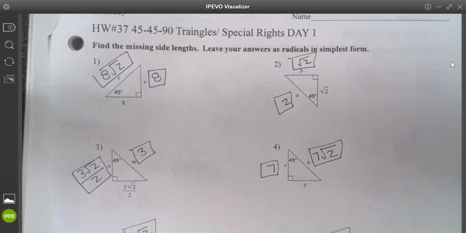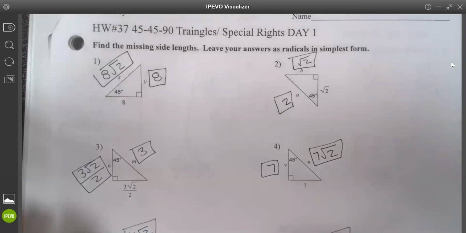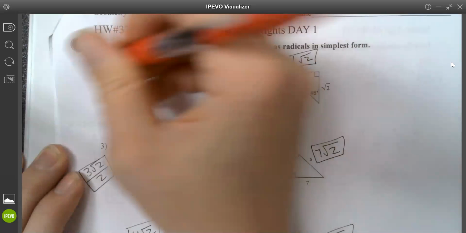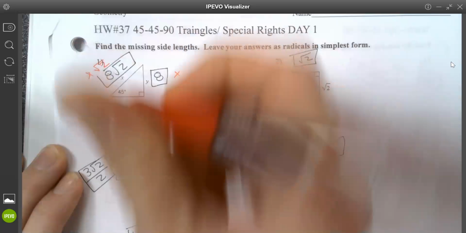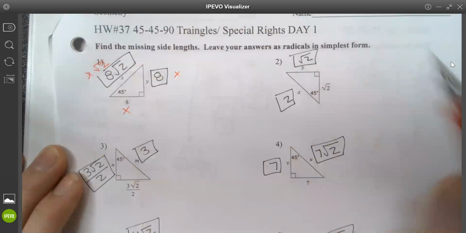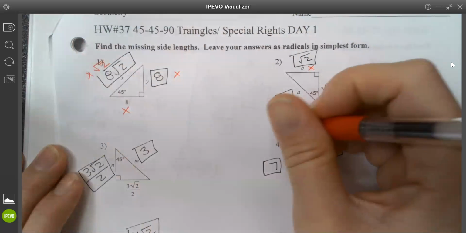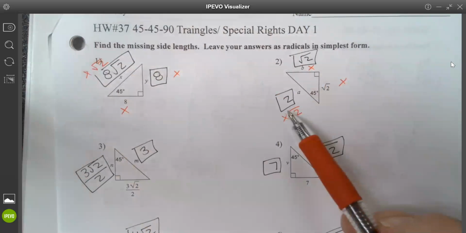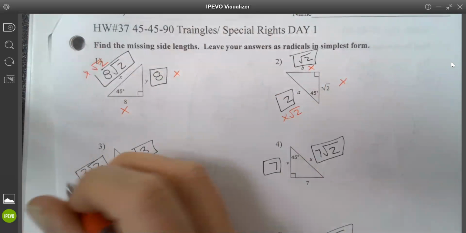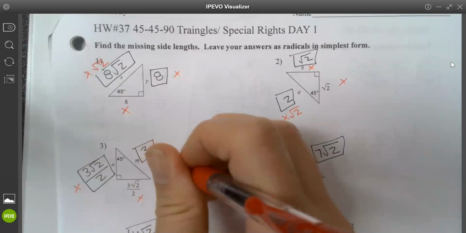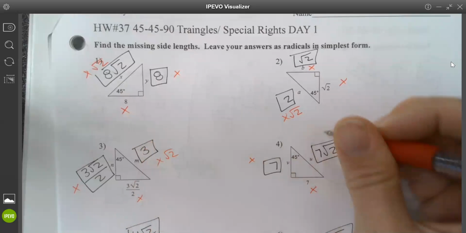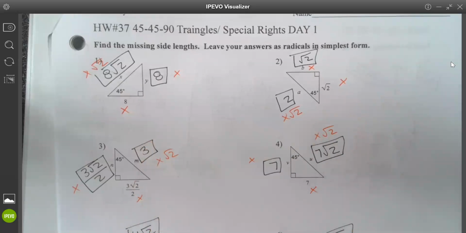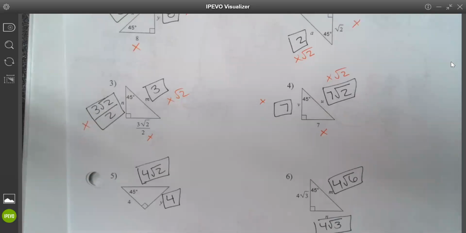I'm going to keep 7 to look at. And every single time, I didn't write them out, I'm doing it in my head, but I'm using that relationship: x, x, x rad 2, so 8, 8, 8 rad 2. x, x, x rad 2, which simplifies down to just regular 2. x, x, x rad 2, x, x, x rad 2. I'm using that ratio to solve for my sides.